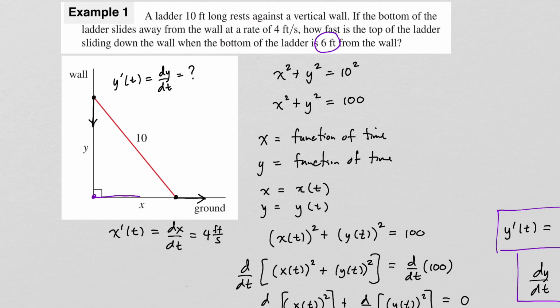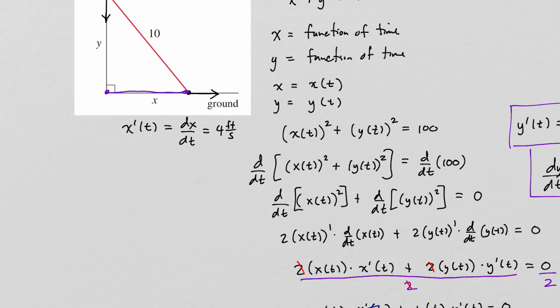So at some point, this distance will be 6. What I'm going to do is take a snapshot of that and draw a separate diagram for that particular moment. So here is the moment when the bottom of the ladder is 6 feet from the wall. The length of the ladder is still 10 feet.